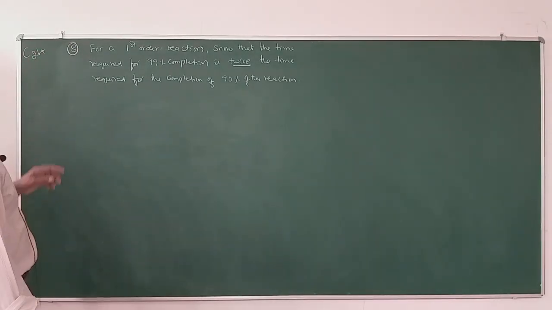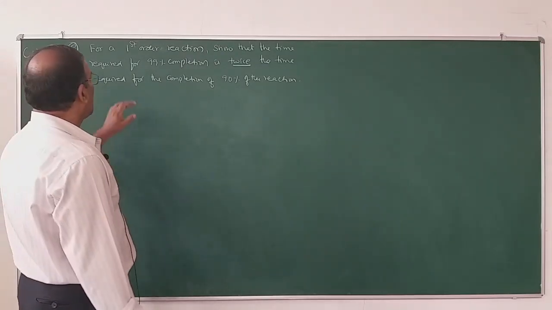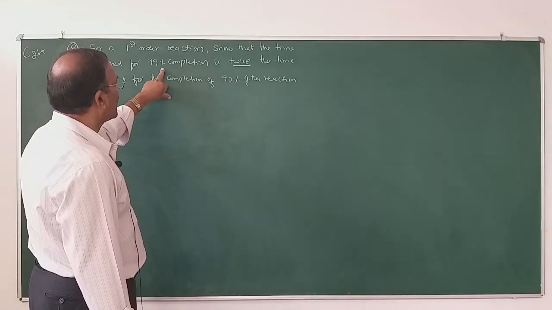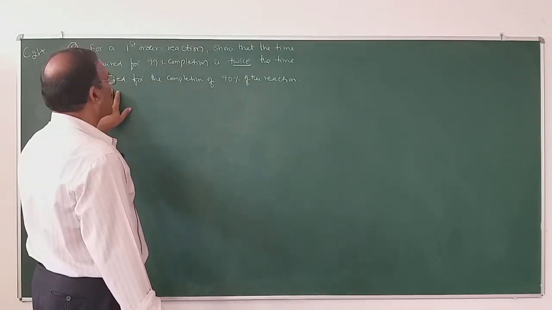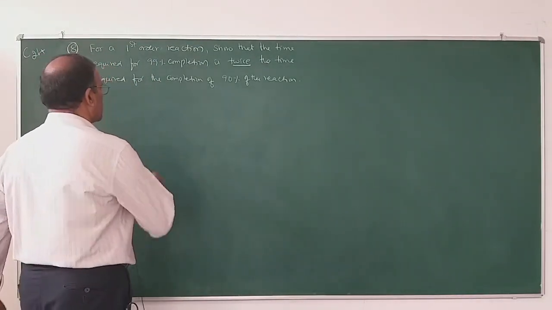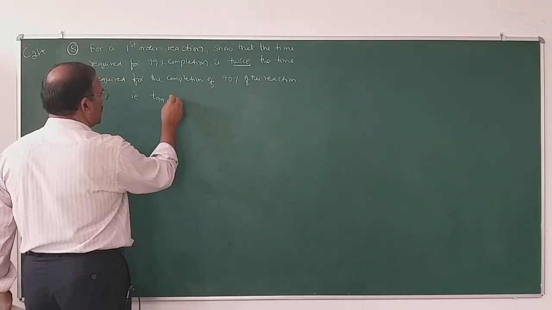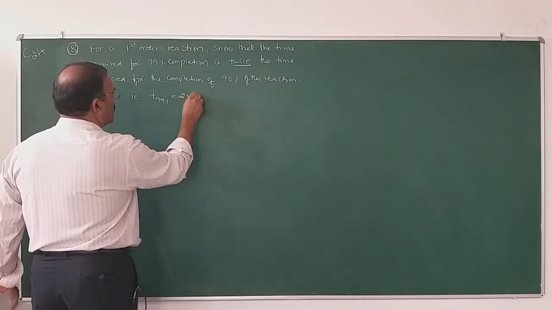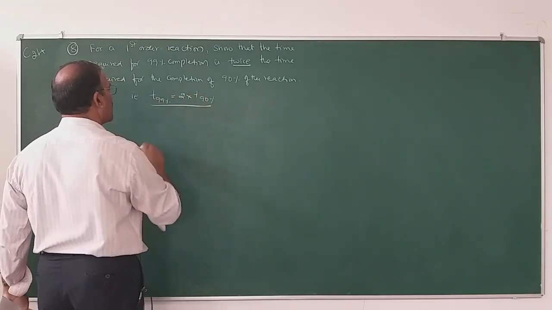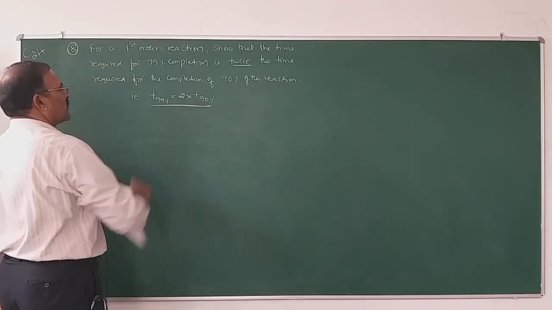So what is the problem? It is a first order reaction. We have to show that the time required for 99% completion is twice the time required for 90% completion. That is, T 99% is equal to 2 into time 90%.